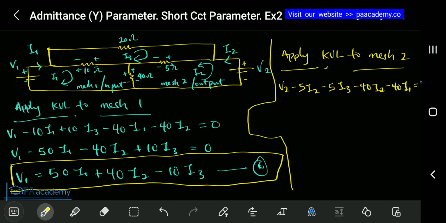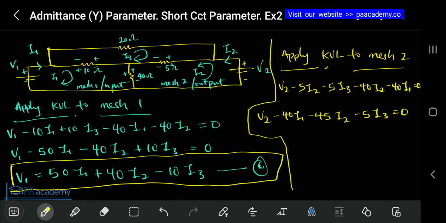40i1 equals to 0. Okay, so if you should tidy that up, we are going to be having V2, are we having V1? Okay, yes, minus 40i1. Okay, what about I2? We are having minus 5 and minus 40, so that will be minus 45i2 and then minus 5i3 equals to 0.